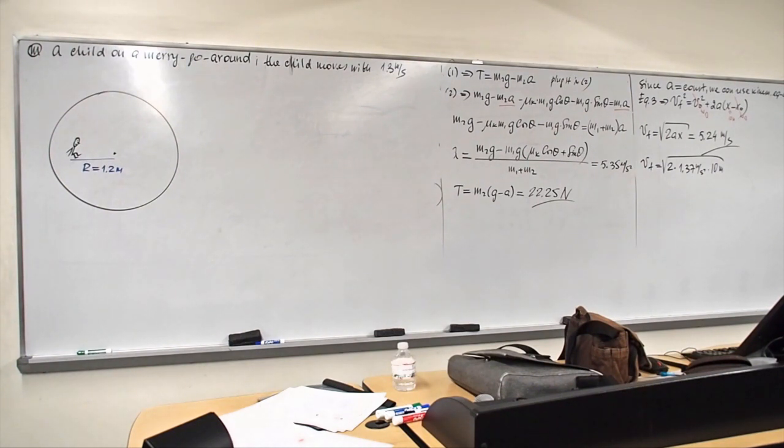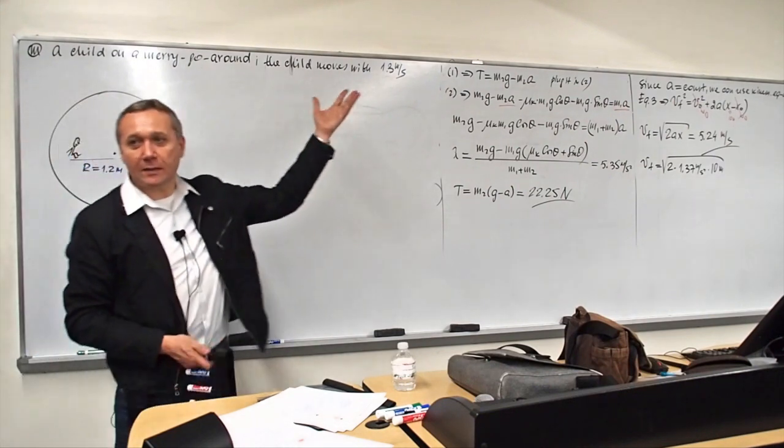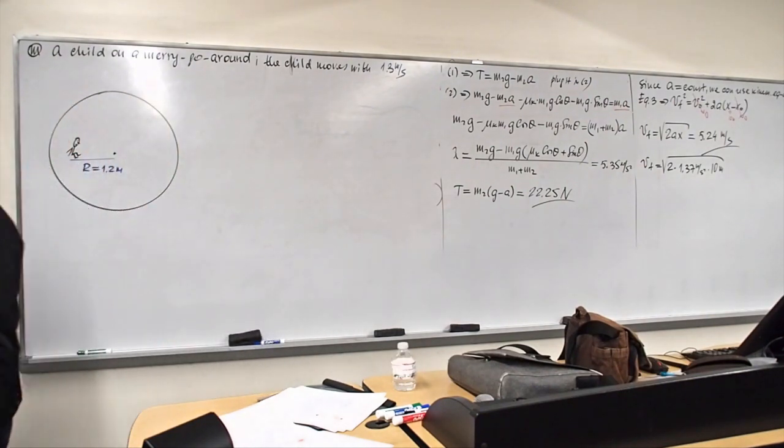What's the name of that velocity? It's a tangential velocity. You see the units, meters per second. It's some kind of linear velocity, and there is only one tangential velocity in this case.